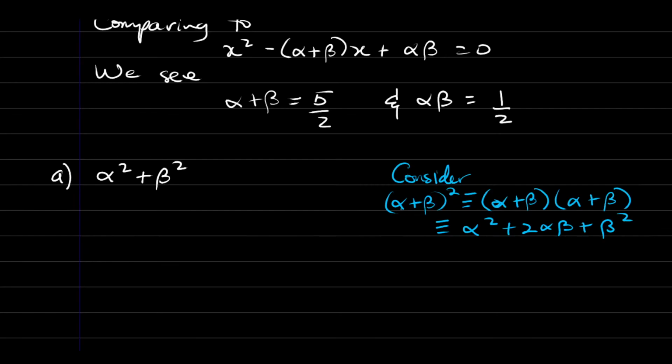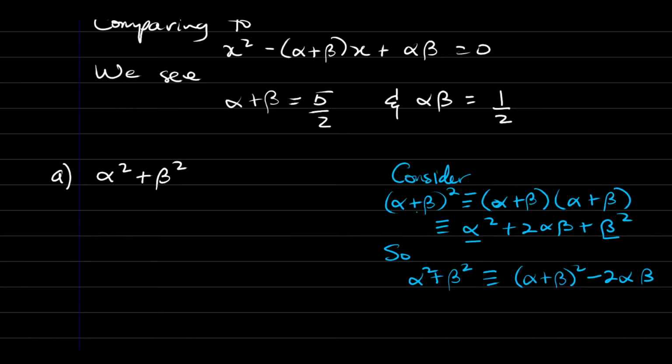Now, if this part over here is equivalent to this part over here, then what I can say is, I can say alpha squared plus beta squared, I'm taking this and this, is equivalent to saying I can take alpha plus beta, square it, and then minus that 2 alpha beta, alright?